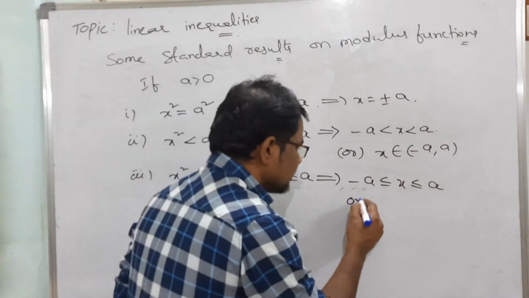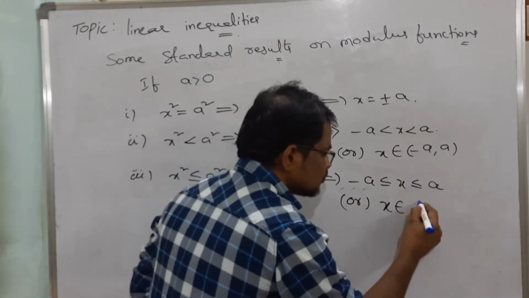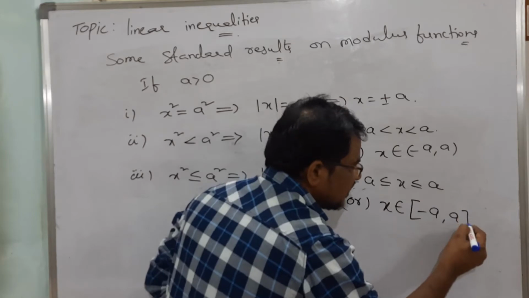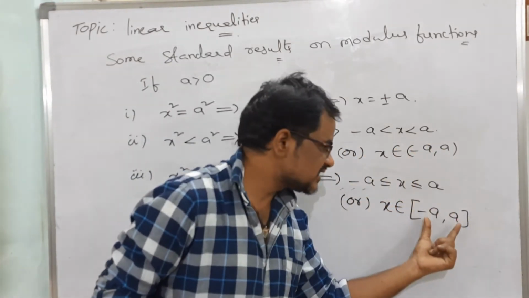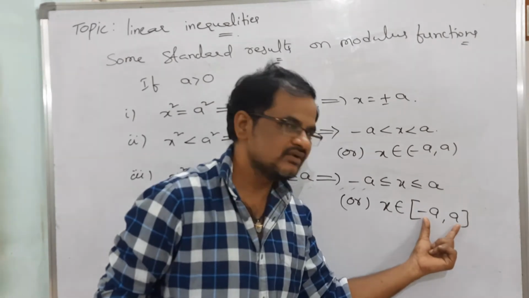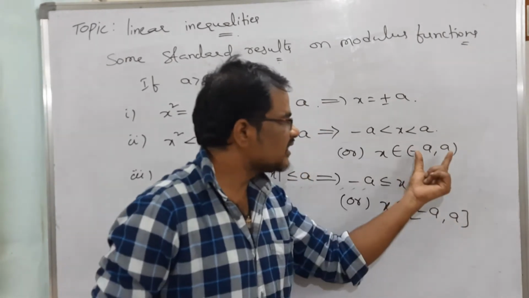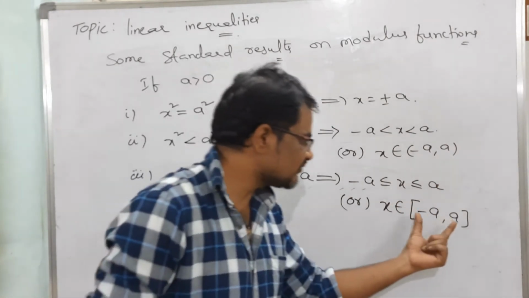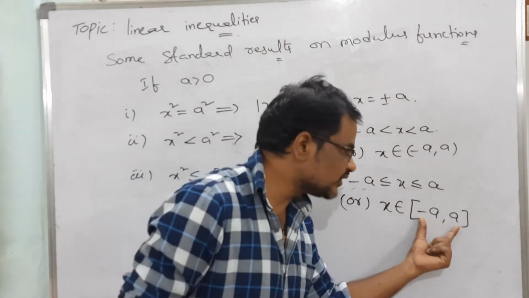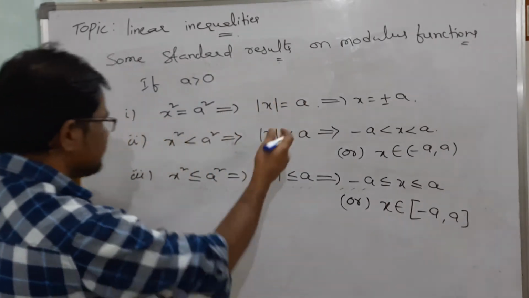In terms of intervals, x belongs to closed interval minus a comma a. Earlier we were not considering the end values, open interval. Here considering the end values, closed interval you have to take. What is the meaning of open interval? Only between real numbers we take. Here, between and including end values also. That is the difference between these two.